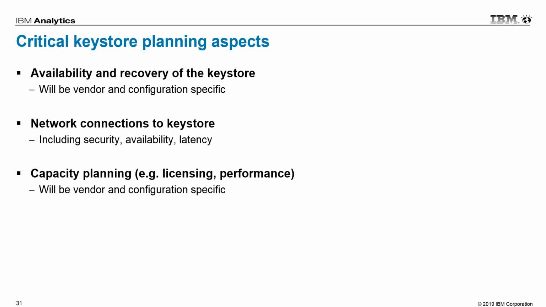There may be some templates available from other people who, for example, run DPF, have one Keystore and use Thales. I can say, okay, maybe I can use your template of the type of things you're worried about. But there's not going to be a just-do-this type of answer. You have to figure it out. Network connections: I mentioned you have to have access to the Keystore. So do you have just one route to the Keystore, or do you have multiple?